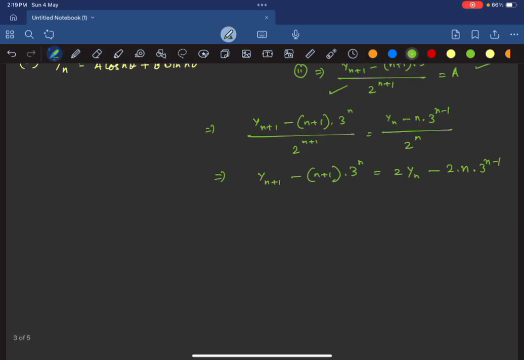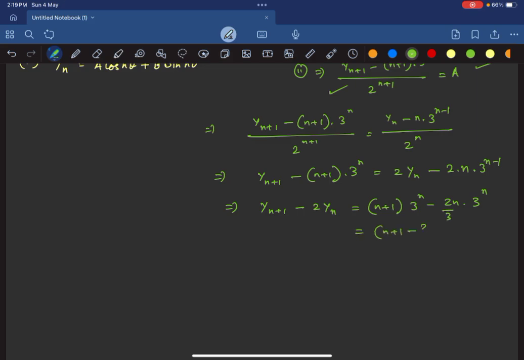This one immediately you can write. Now you can change the side, and here what you have is (n+1) 3^n minus 2n 3^n, divided by 3, you can write like that.